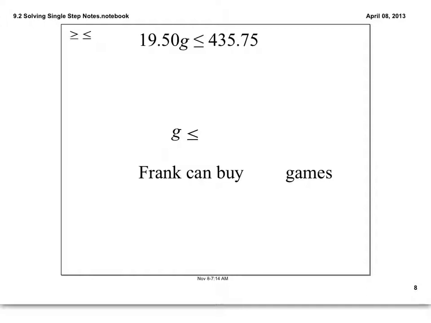So, solving this inequality now, you need to have G by itself. So to do that, divide each side by $19.50. So it cancels on the left.